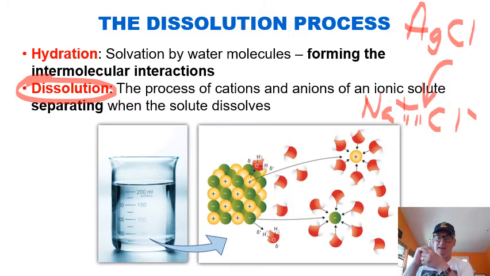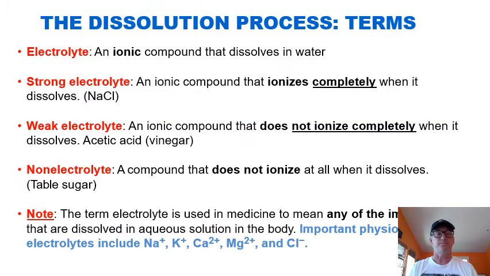And so that becomes a really, really strong ionic bond as well. When the ionic bond is too strong, then they don't dissociate, they don't dissolve, and the ions don't become hydrated, and you don't get a solution.